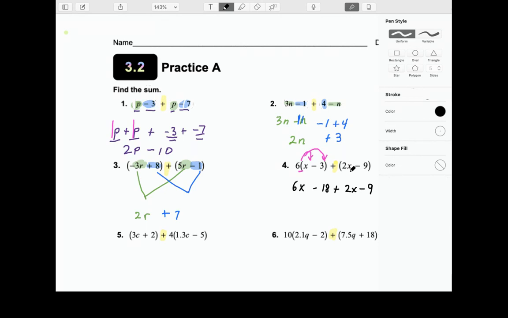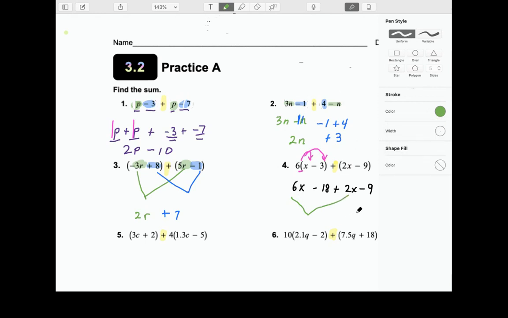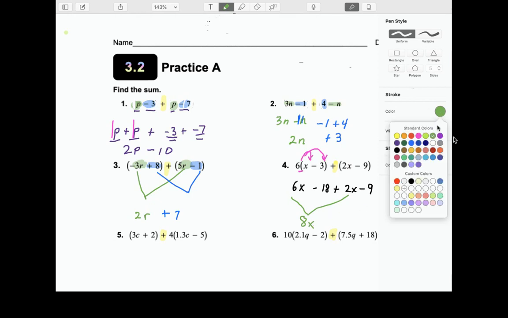So now once again, I'm going to look at my like terms. Oh, look, 6x and 2x, that's going to be 8x. Then I can look at my constants.